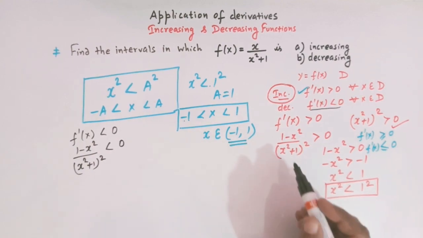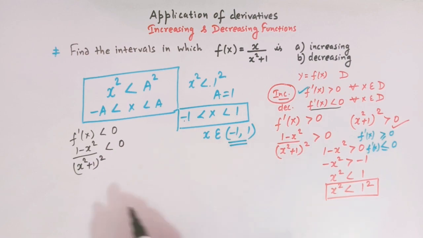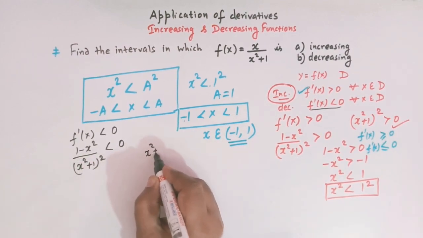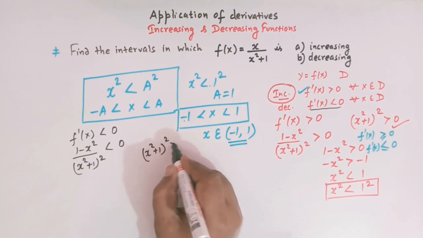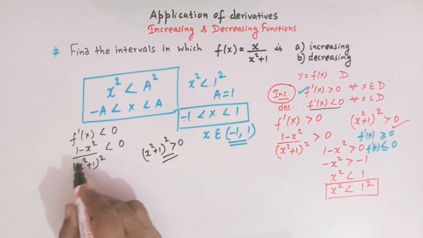So as we have explained in case of the strictly increasing function, this quantity, that is x square plus 1 whole square, is always greater than 0, right. So this quantity is positive.